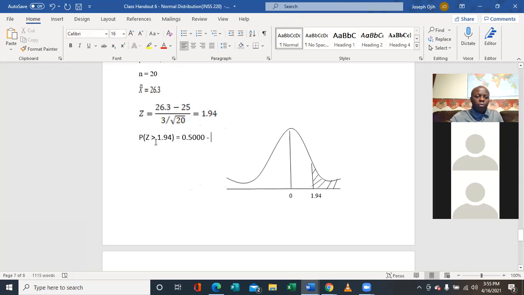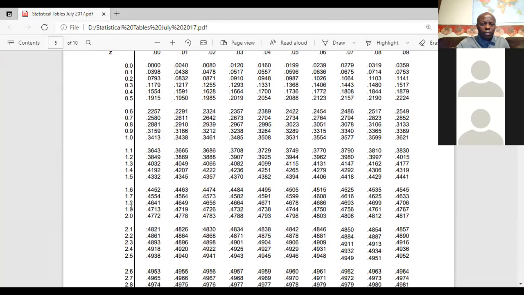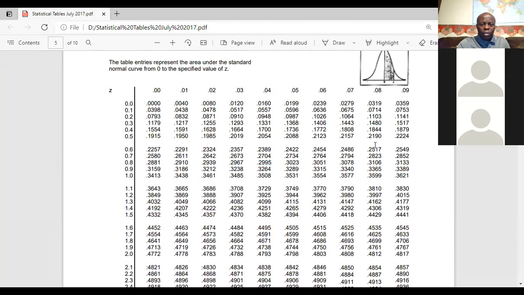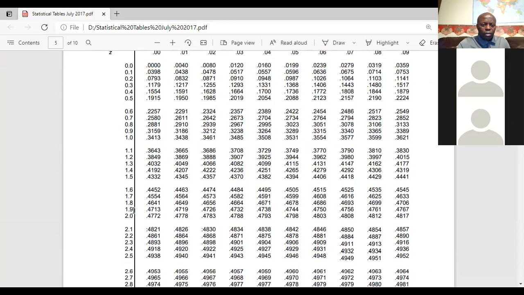So for 1.94, we go to our normal distribution table: 1.9 under 4. See the Z, 1.9 right here, and you have to go under 4. That will be 0.4738.